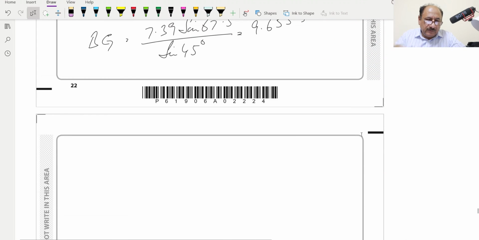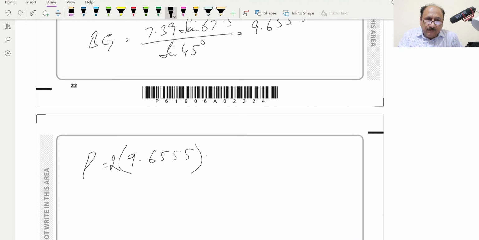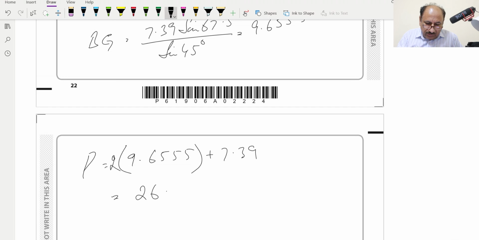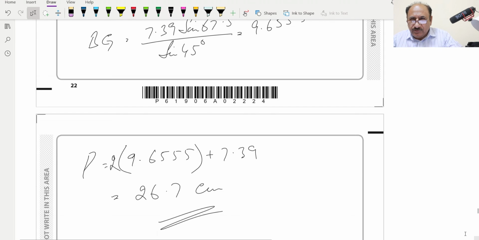So our perimeter P will be equal to 9.6555, this will be doubled, plus 7.39, and this will be equal to this multiplied by 2, plus 7.39, and this results in 26.7. So 26.7 centimeters will be the final answer for this question.